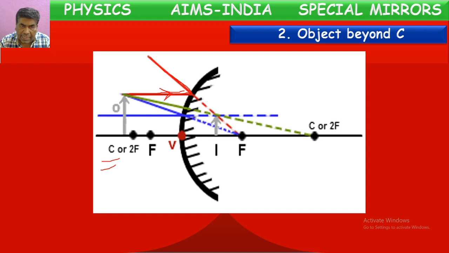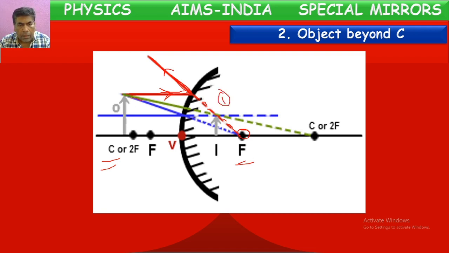How do we know whether it is passing through the focus or not? Its direction, if extended backwards, should be towards the focus. Like that it gets reflected. This is the first reflected ray.